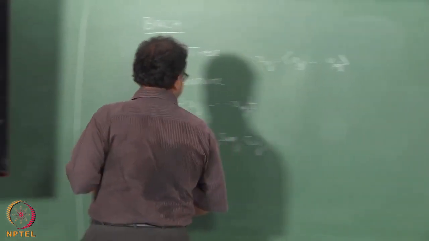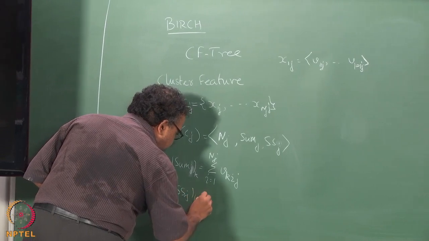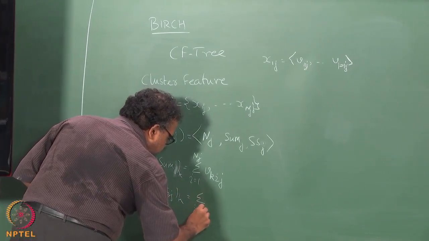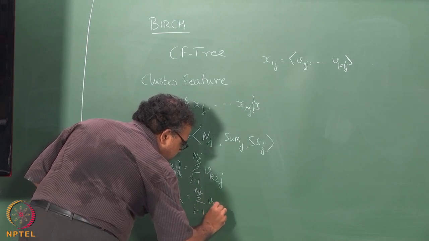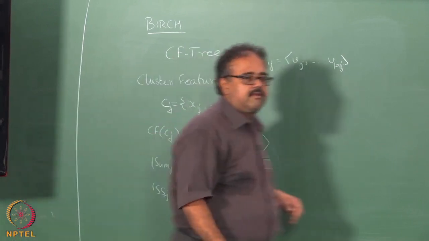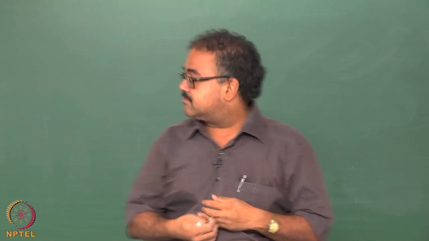But this notation is convenient for us when I want to write the squares: I will take the square of the individual coordinates and add them up, right.